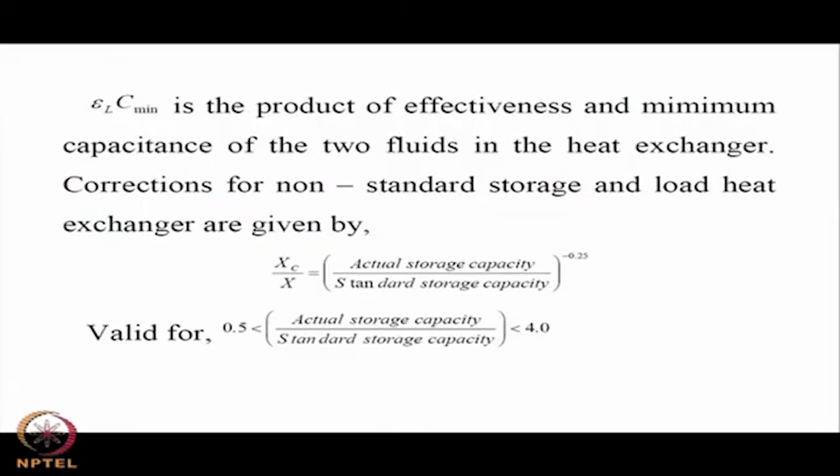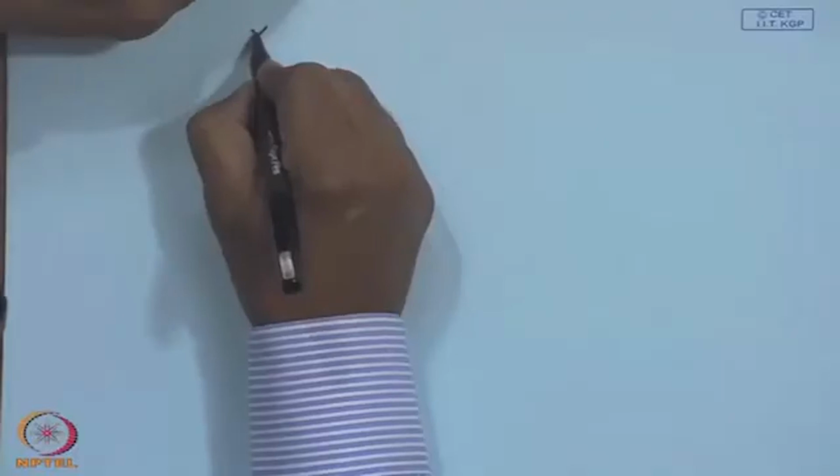So, if standard storage is not there or the heat exchanger effectiveness is not the standard, just like we had done in the case of the F chart method, the corrections have been given.